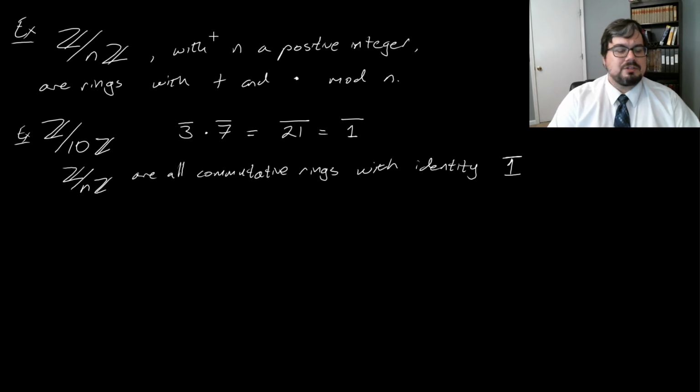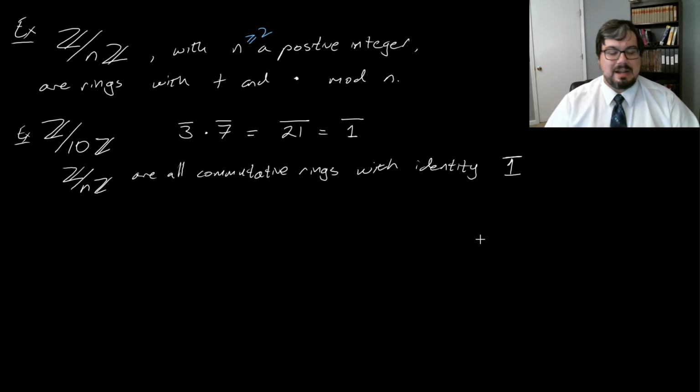I really should specify here, it's a minor thing, but the n that we're working with really has to be greater than or equal to 2 for this statement to be correct. So these are all commutative rings with identity 1, with addition and multiplication modulo n, as specified above.